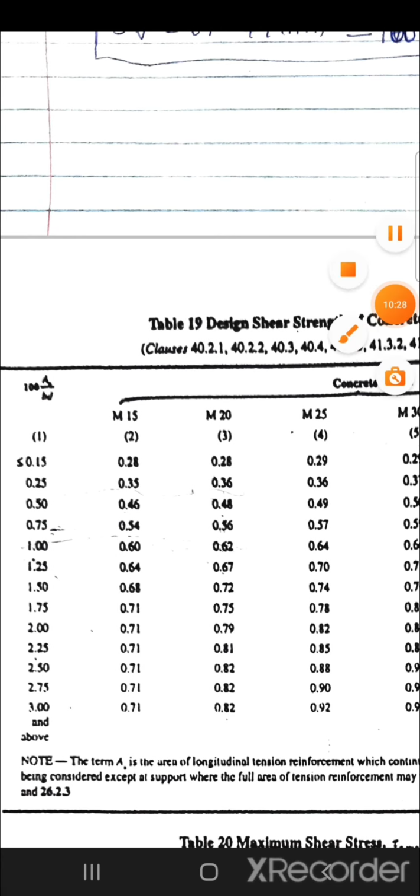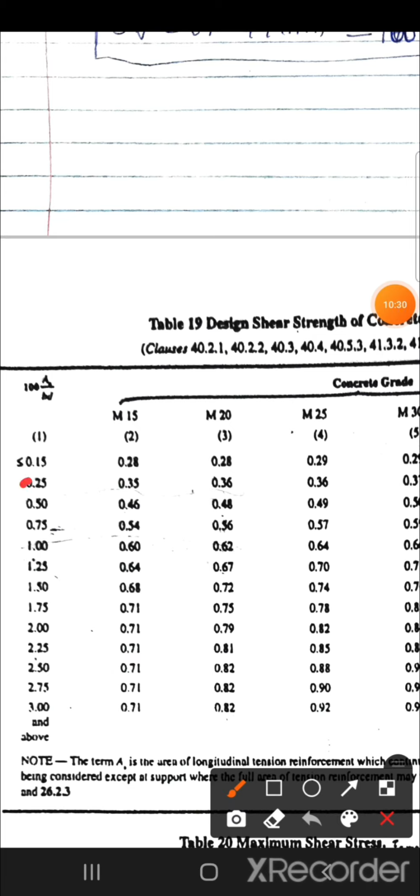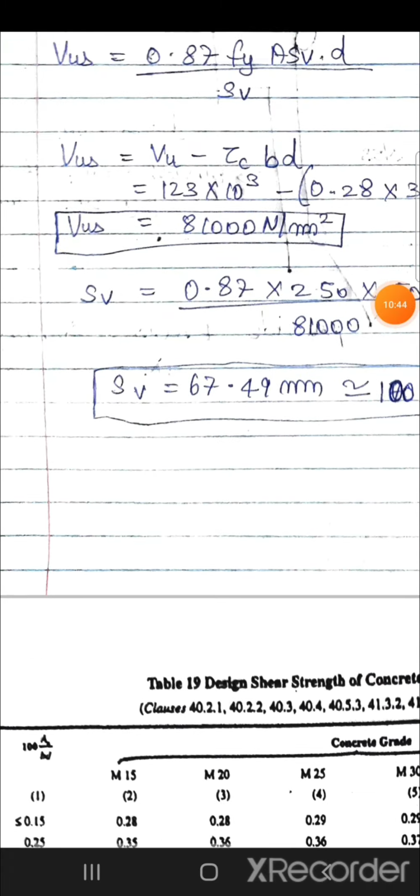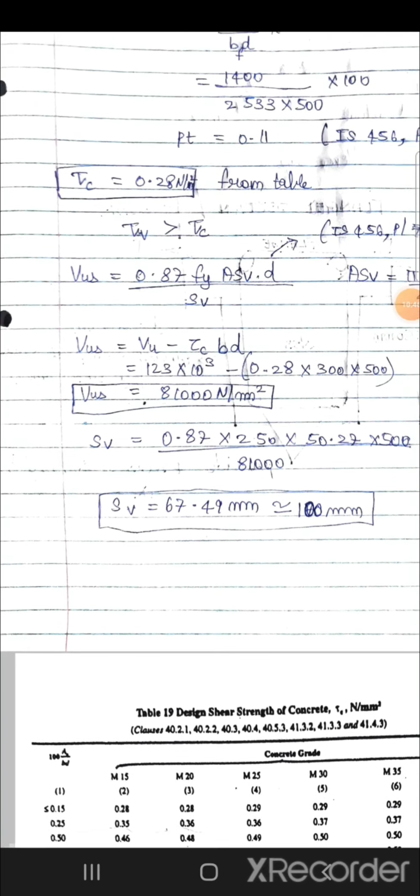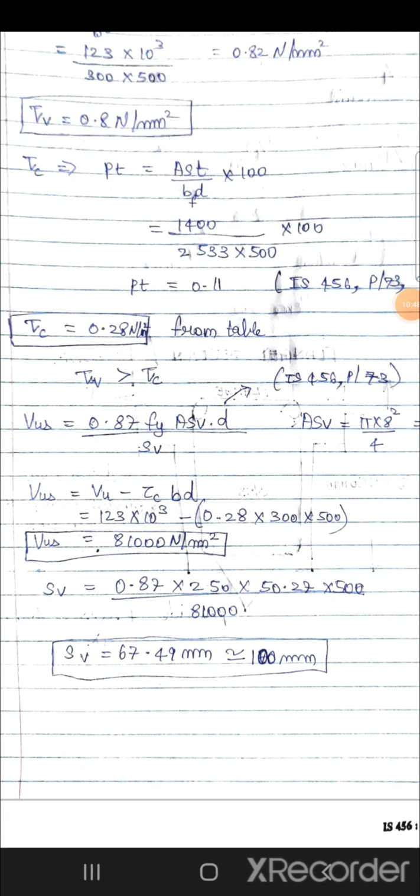We must take this value, and in the question they have provided M20, so we are taking the tau c value as 0.28 Newton per mm square from the table.